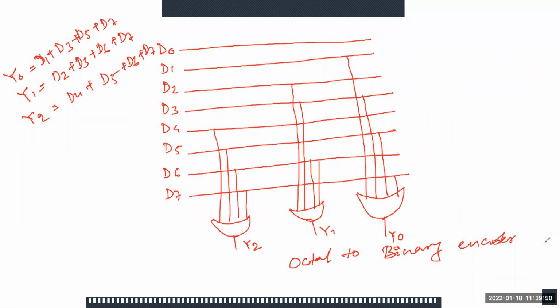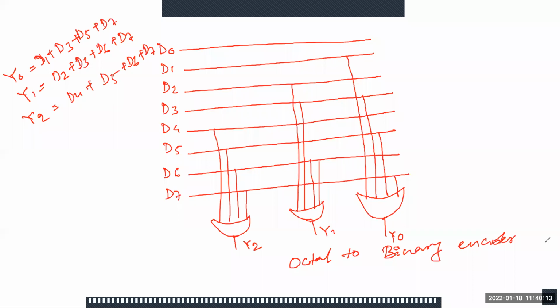Here the design is made simple by the fact that only 8 out of the total of 2 to the power 8 possible input conditions are used. Okay, so this is the thing for the octal to binary encoder.